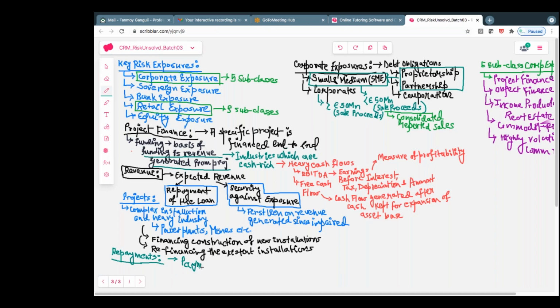So over here what we have is payments made solely out of the revenue.